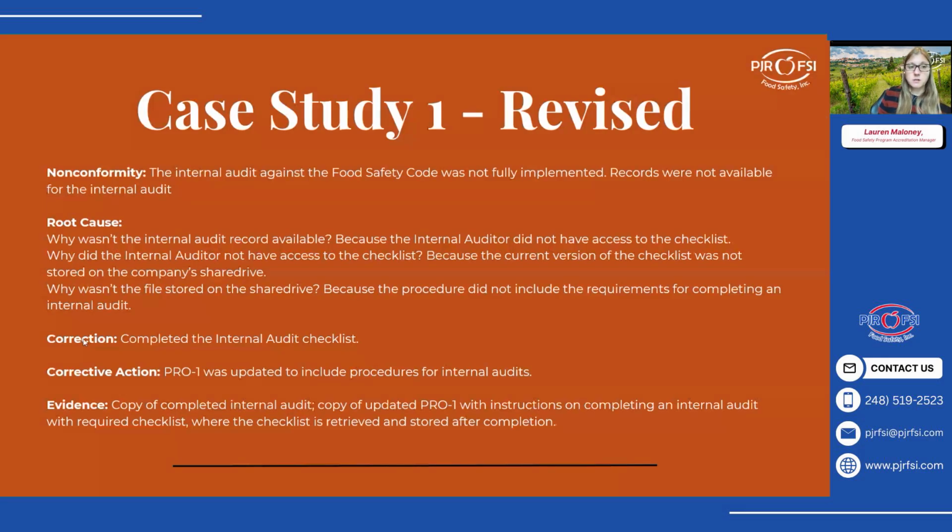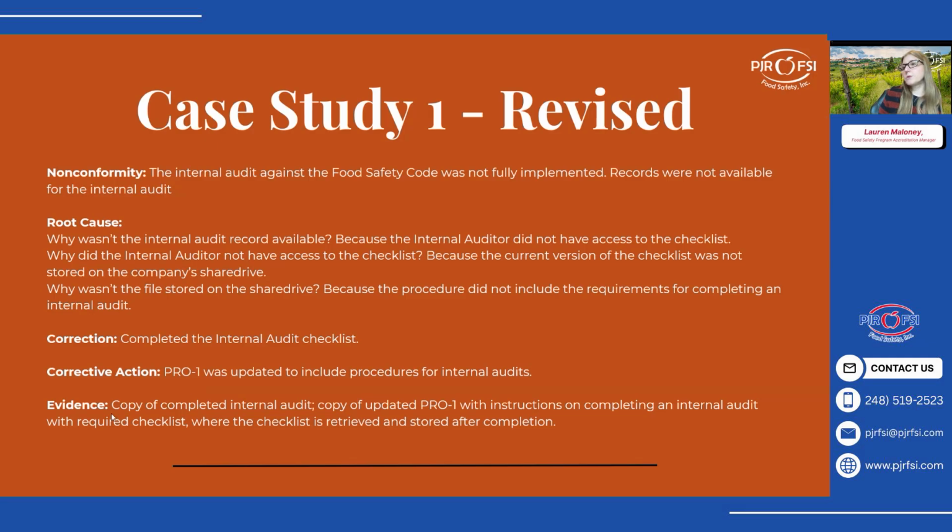So the correction would be to complete the internal audit checklist on the correct version. And your corrective action would be to update a procedure to include the internal audit directions so that the internal auditor doesn't have to guess what form to fill out when conducting the internal audit.